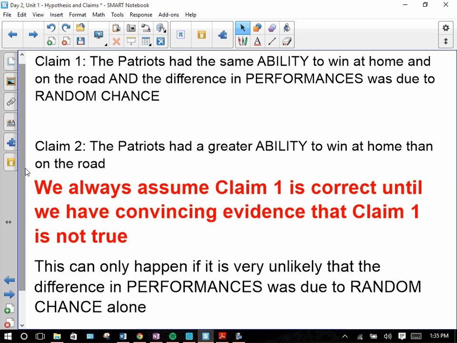It's kind of like saying, if you get arrested and you go to court, we always assume that you are innocent until we have convincing evidence that you aren't innocent. Does that make sense? If you can remember, basically what the black part is saying is that convincing evidence comes from us being able to determine that it's not due to random chance.